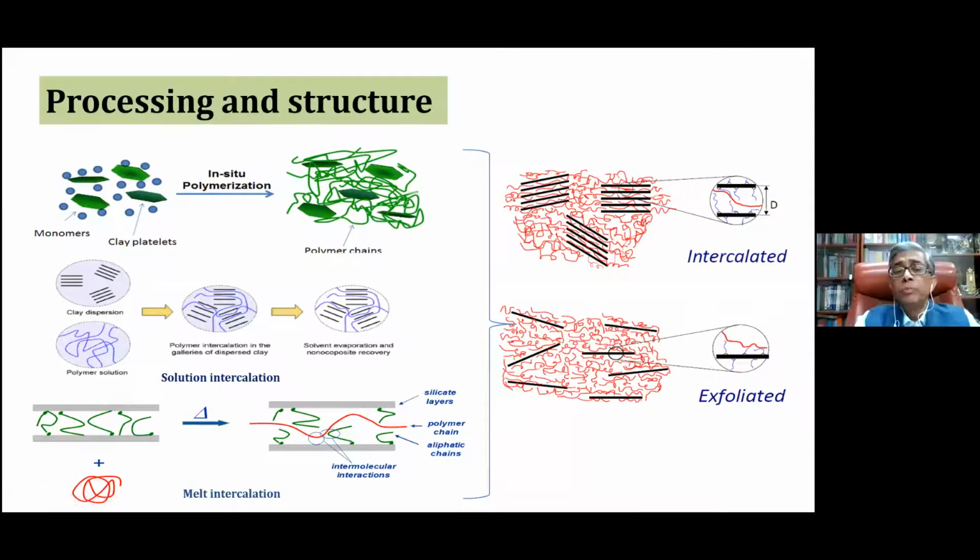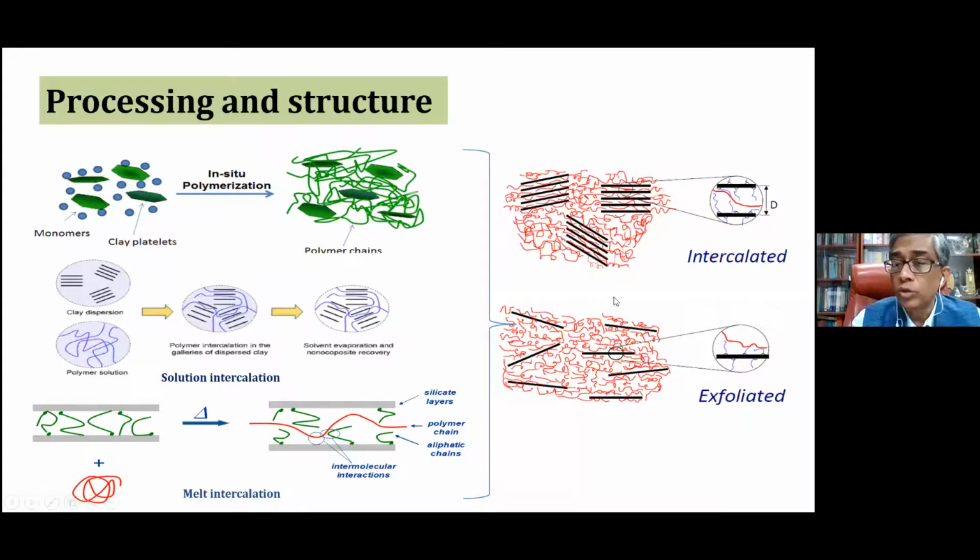Now, if we do that, we generally don't always get what we want. The very common one is called an intercalated polymer nanocomposite. This is common because it is a little better than a regular filler composite, a composite based on regular filler or additives, but not actually up to the mark of a nanocomposite.